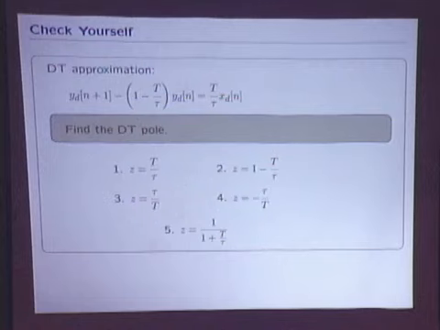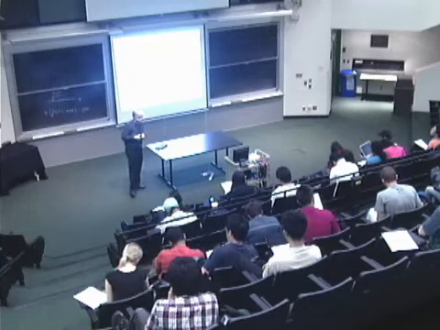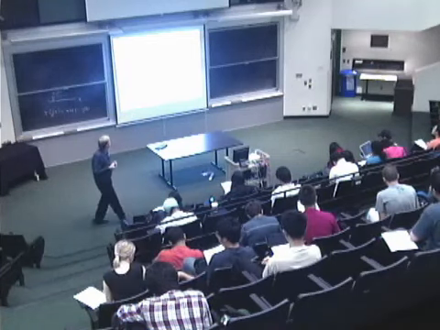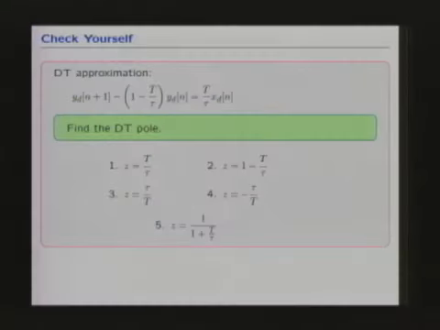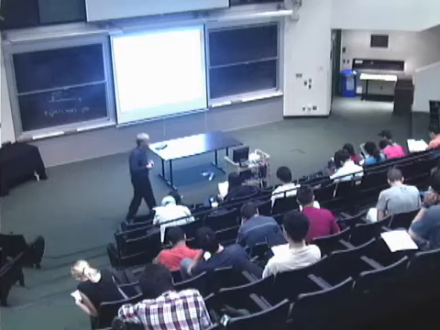Where's the pole? Where's the pole of the DT system?